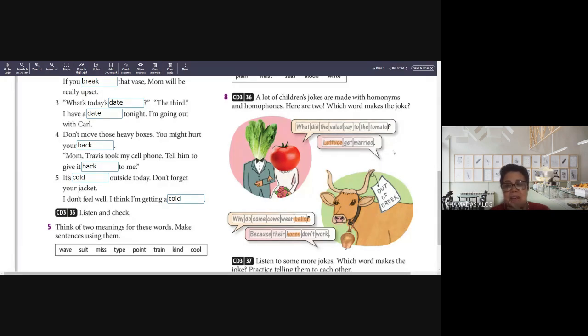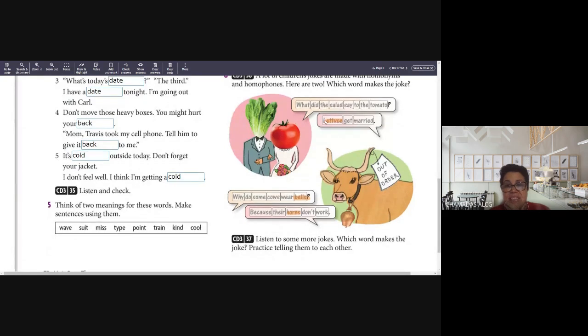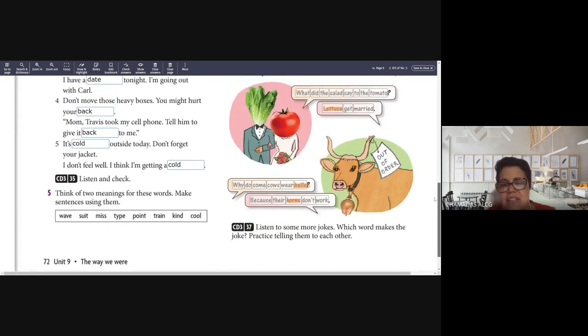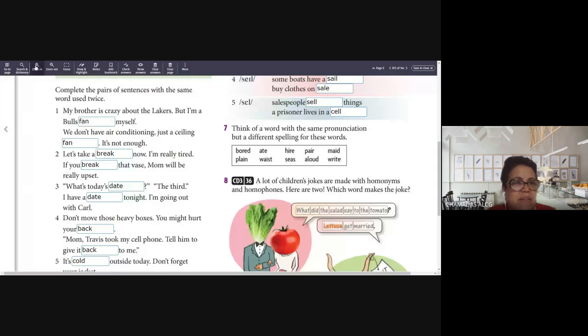Let us get married. This is a homophone. Why do some cows wear bells? Because their horns don't work. Terrible.